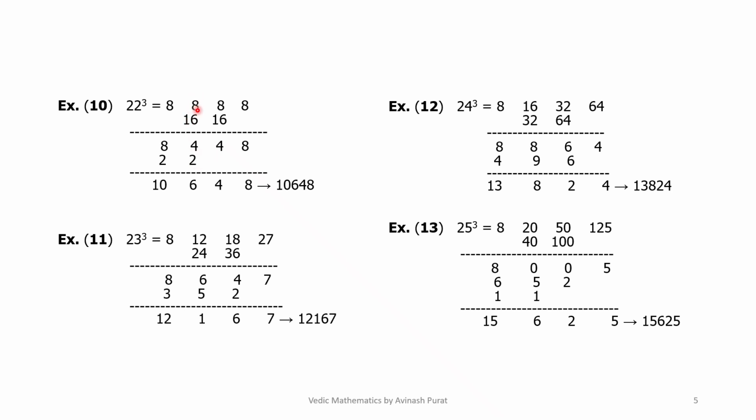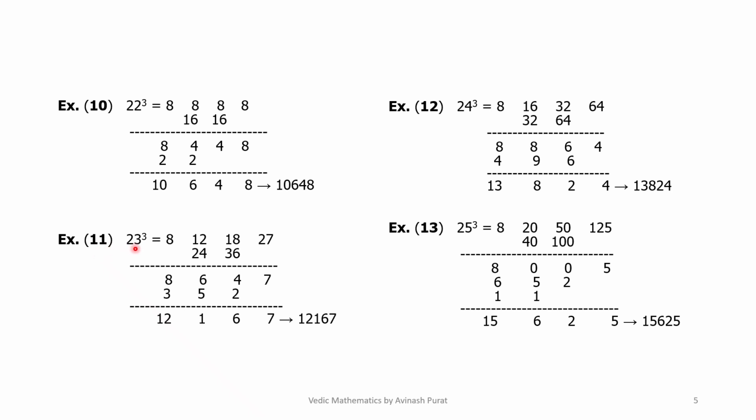Again 16 plus 8 is 24, 4 taken down and 2 to the left, and 8 is taken down. So the grand total is 8, 4, 6 and 10. So 10,648, that is the cube of 22.